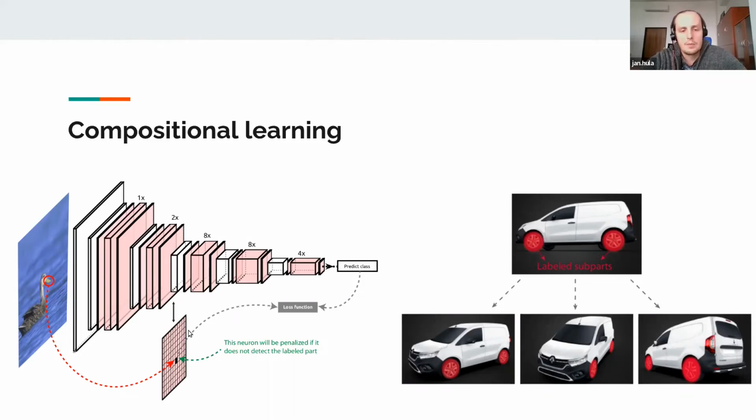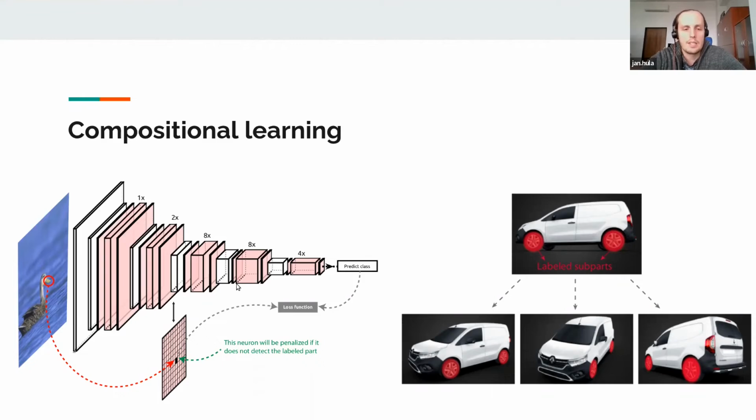And then once we had these labels, we added an additional term to the loss function, which penalized the network if some features which we selected in different layers were not detecting that these parts are present.